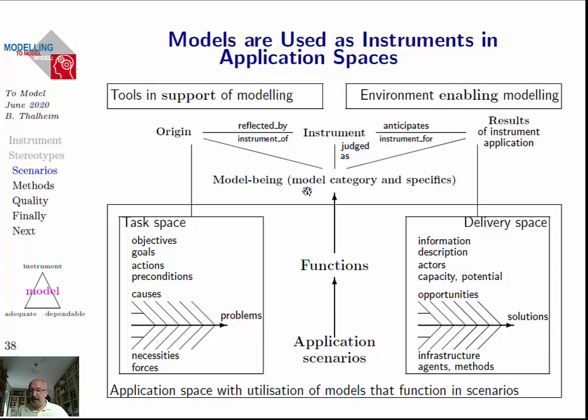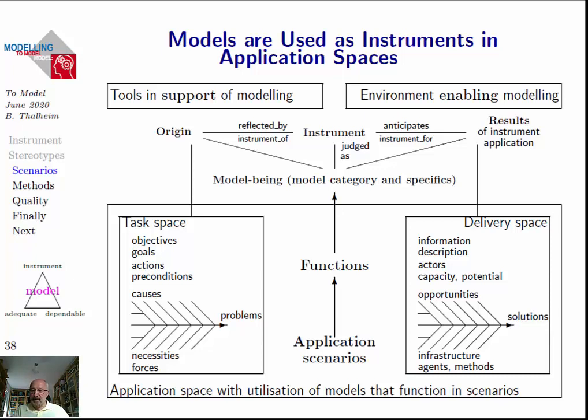And then we use for the results nothing else as a delivery space where we give all what we have gained from the instrument usage and then maybe solve the problems we have been observing in the task space. That means in this case we have some kind of application space with utilization of models that function in a given set of scenarios.